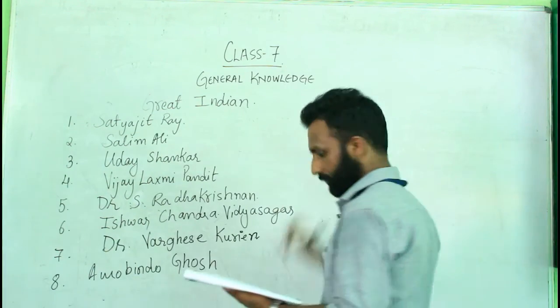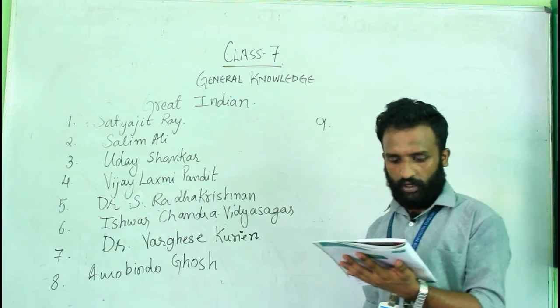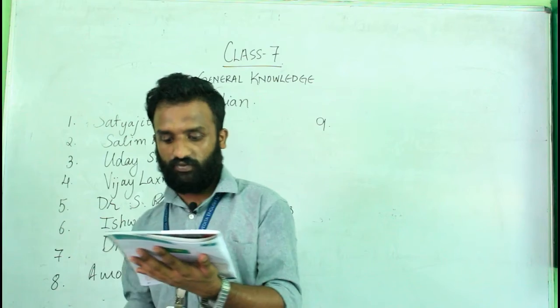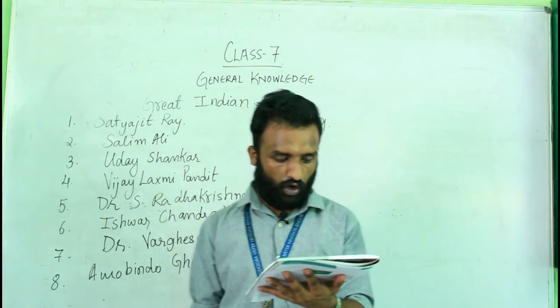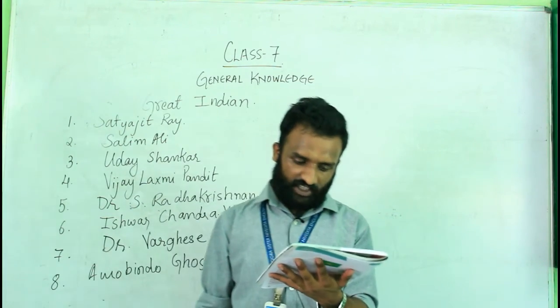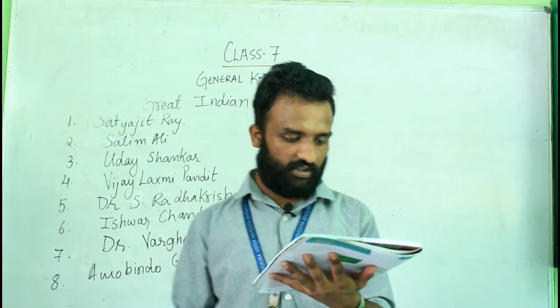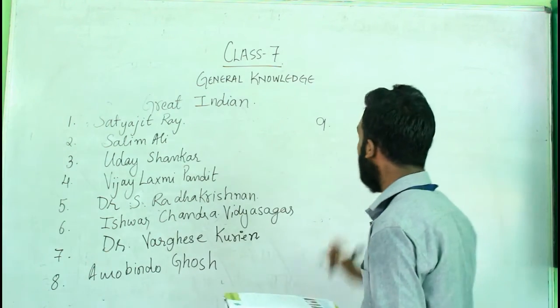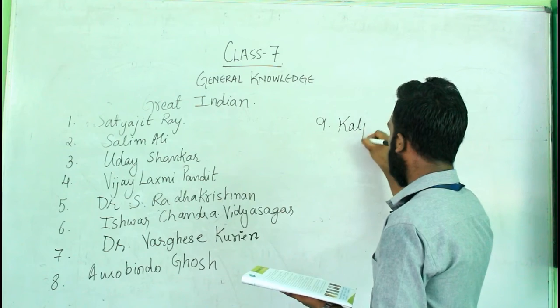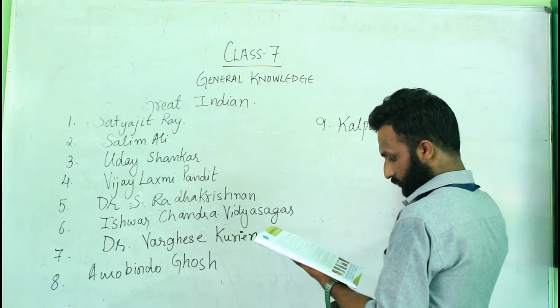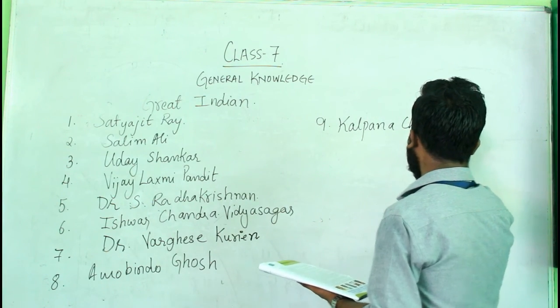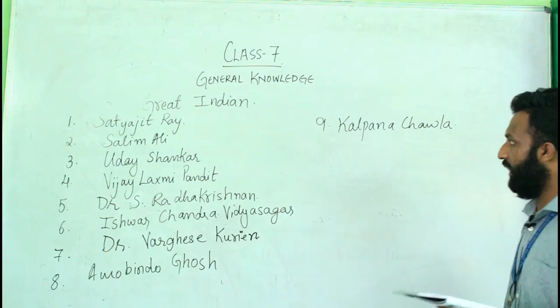Okay, number 9: she was born in Karnal, Haryana, and she was the first Indian-American woman to walk in space. She died during her second space mission when her space shuttle Columbia crashed on its way back to Earth. And who was she? It was Kalpana Chawla.